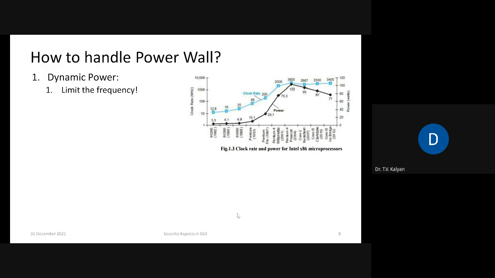Here there is a figure on the right side which shows the power consumption of various Intel processors from 1982 to 2012, and it has two lines. The black line is for power, the blue line is for clock rate. Till 2004, when the Intel Pentium 4 came up, both were more or less increasing, but nobody noticed the power much, and they were happy shrinking the transistors and increasing the power.